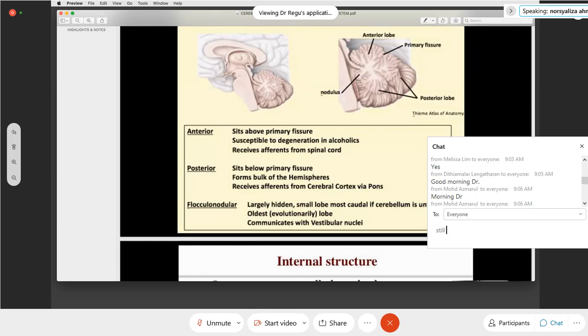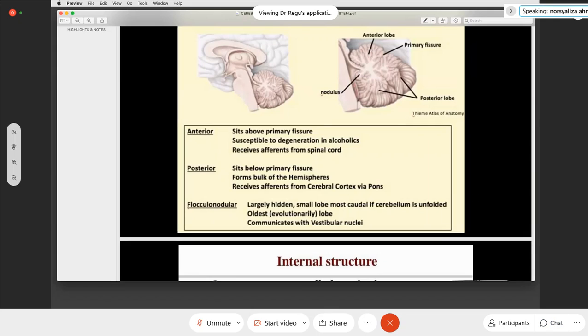Doctor, yes. I want to ask, during the development of the brain, is it that the internal carotid arteries, ICA, developed together? Okay, the ICA. Very good question. Now, the vascular supply derives from a different source.